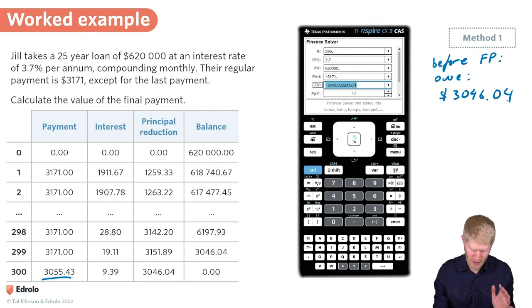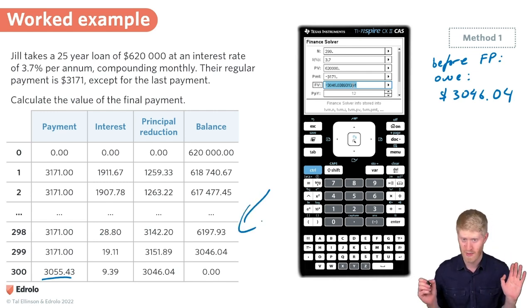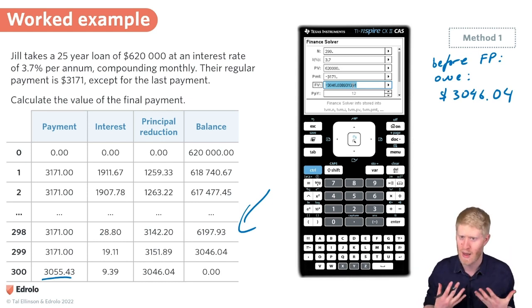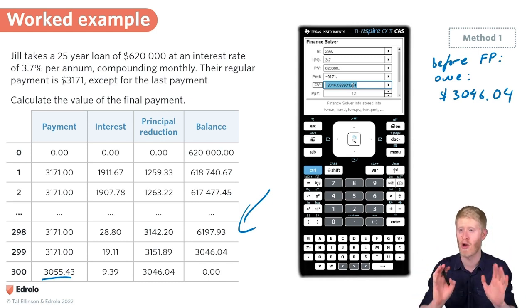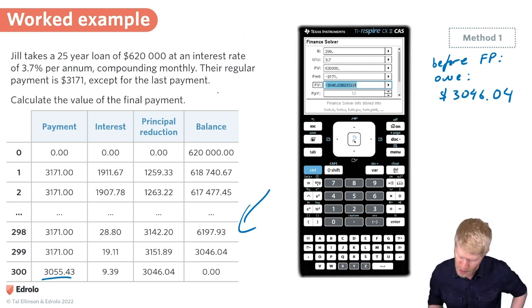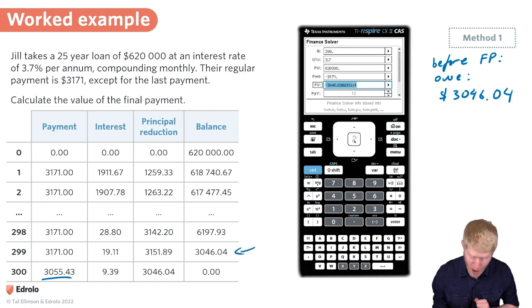Now, I'm pretending that I can't see this table in front of me. Is that cool? I'm showing it to you so you can understand what's going on, but we're going to calculate this as though we didn't have the table, we just had this information, and we had to work it out ourselves. Okay, so that's how we've just worked out the balance prior to the final payment.